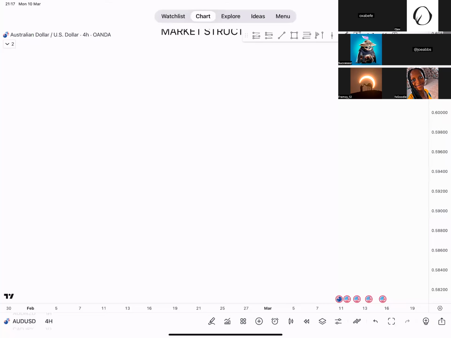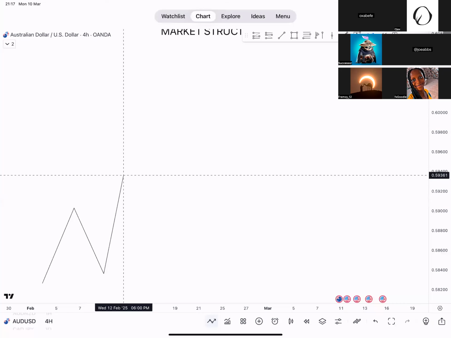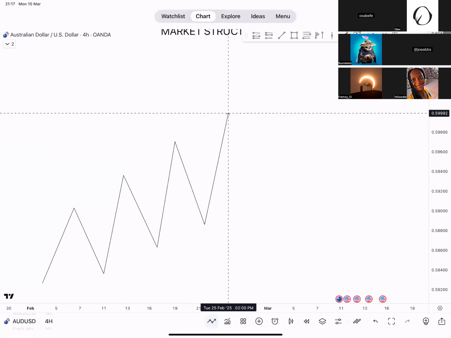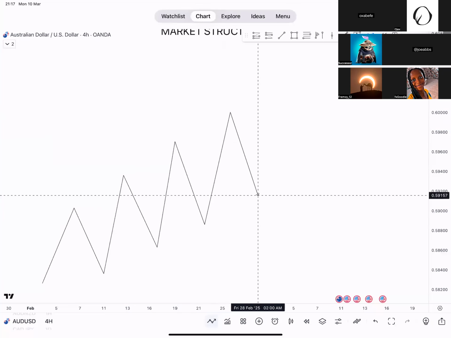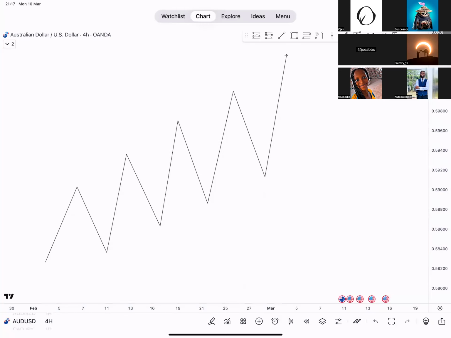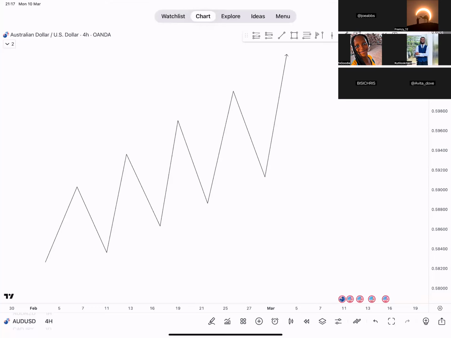Let me draw something. So I'm making a sketch on my screen, and I know that you guys can see this sketch. Now, if you look at this, the first thing that comes to your mind as a normal human being, even if you don't know what this represents, is that this is going up, right?